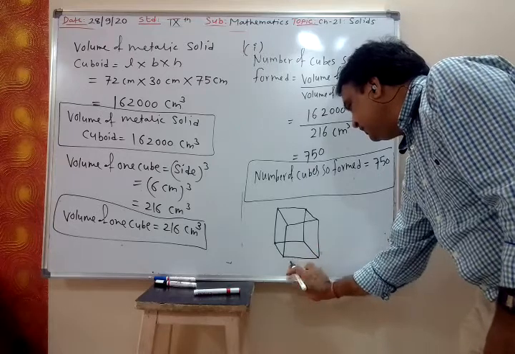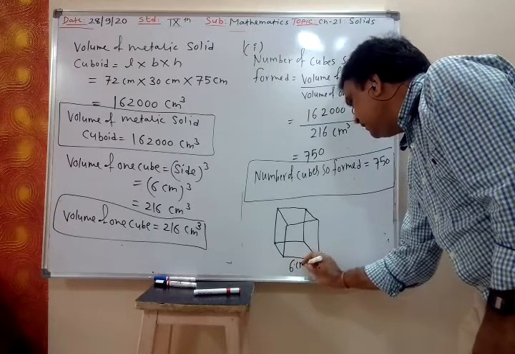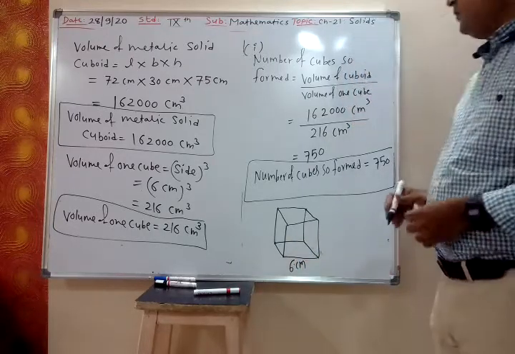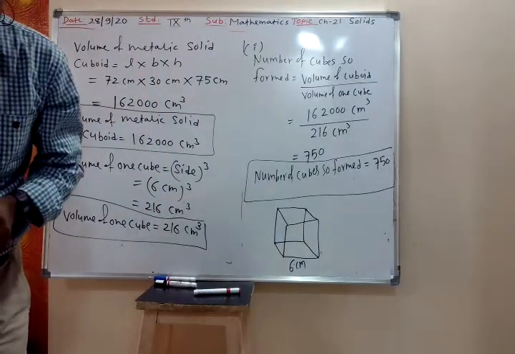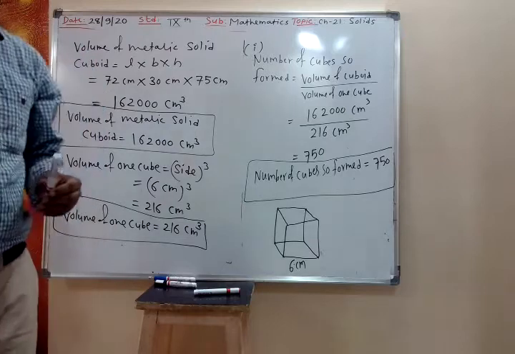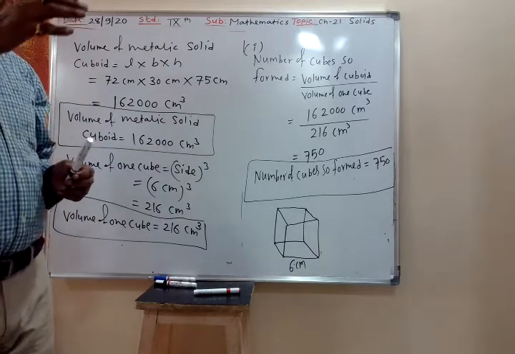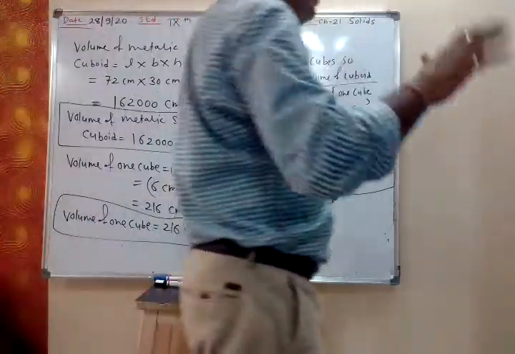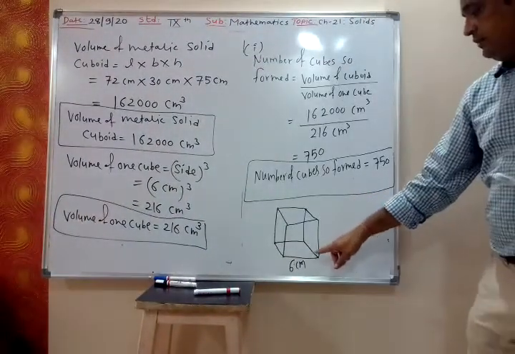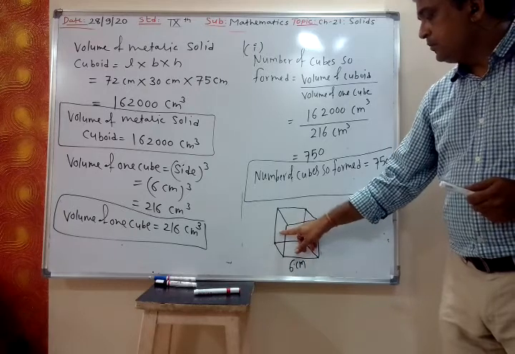Each side is 6 centimeter. Correct? Now we want to polish the surface area of all such cubes. So what I will do, I will find the surface area of one cube.